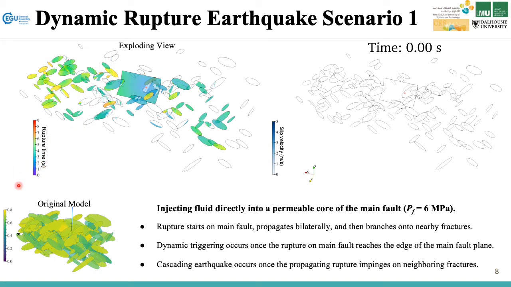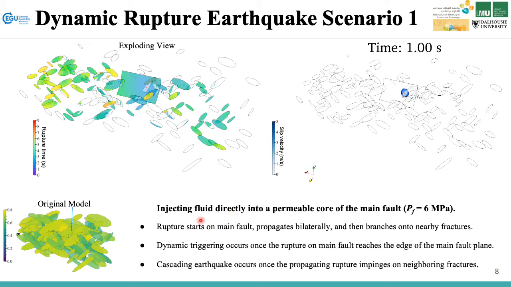Dark violet denotes the earlier times, and blue to red represent later times. The red dot illustrates the nucleation point of the rupture. From the rupture time figure, you can already see how the rupture evolves with time. On the right, you will see the evolution of slip velocity during the cascading rupture in scenario number 1. Let me play the video.